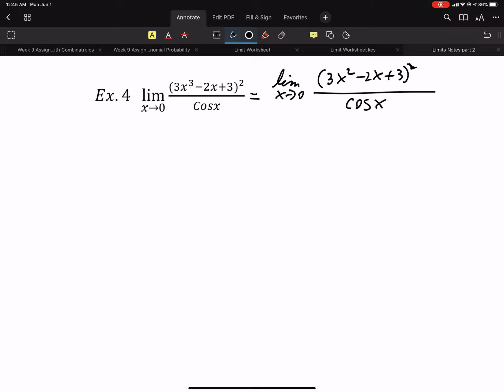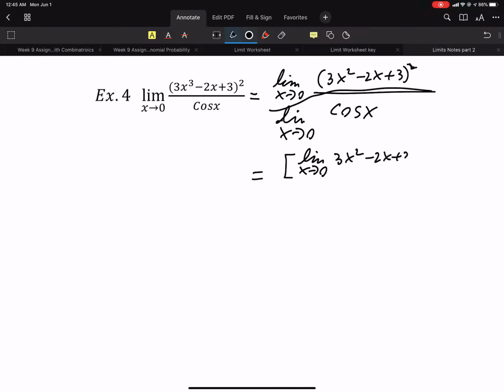Okay, so the top one I am going to break down to another stage. So we have a function raised to a power. Using the power rule, I'm able to take the limit of the inside function and then raise it to the power.